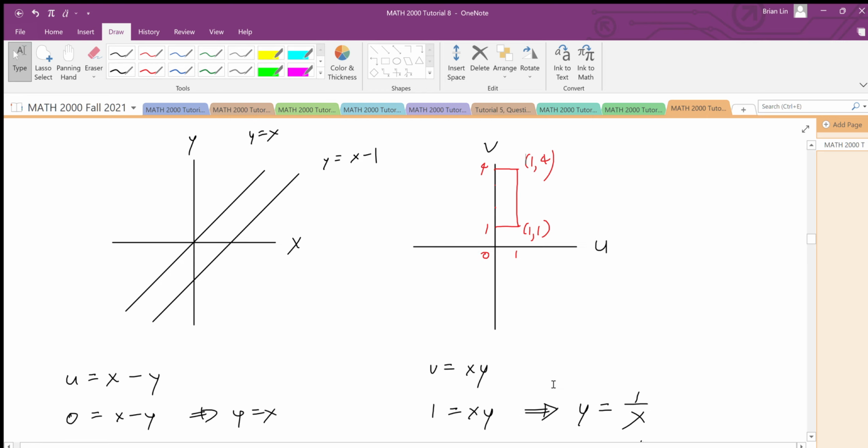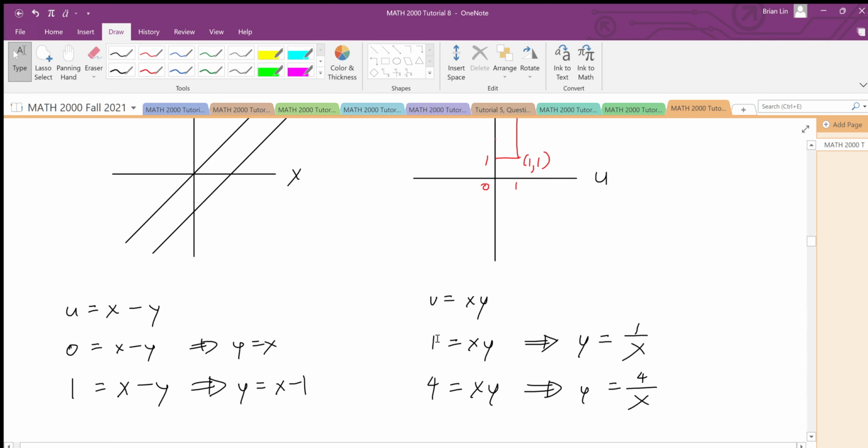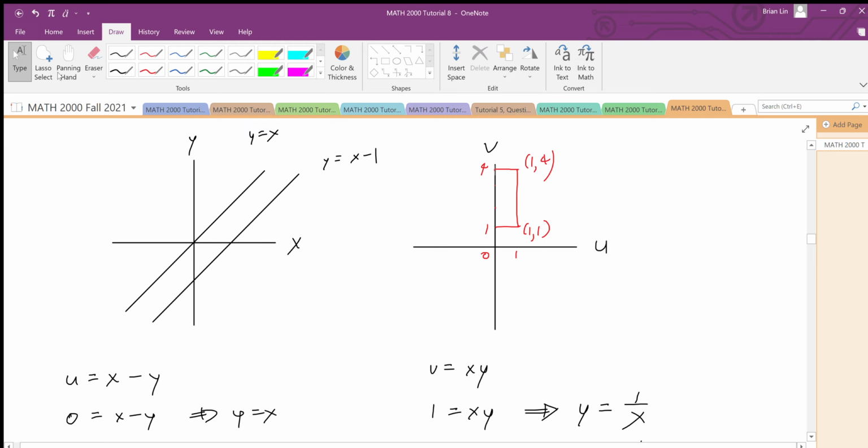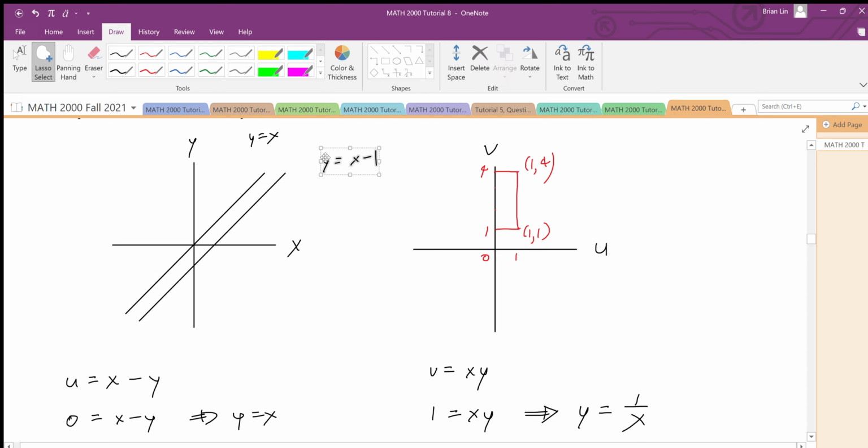Then I want v equals 1, and that corresponds to y equals 1 over x. So that's going to look something like this; for the sake of proportionality, I'm going to pretend the line's closer. Because if that's 1, then that's 1. And I want y equals 1 over x. So x equals 1, y equals 1 would be a point.